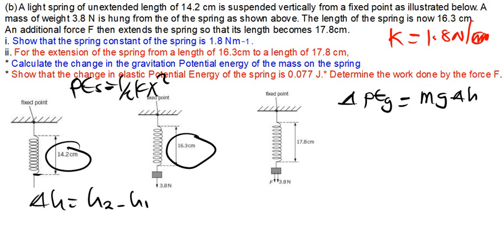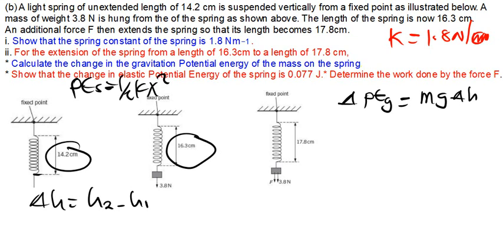If you're behind, let me know so that I explain. Okay, no one is behind.